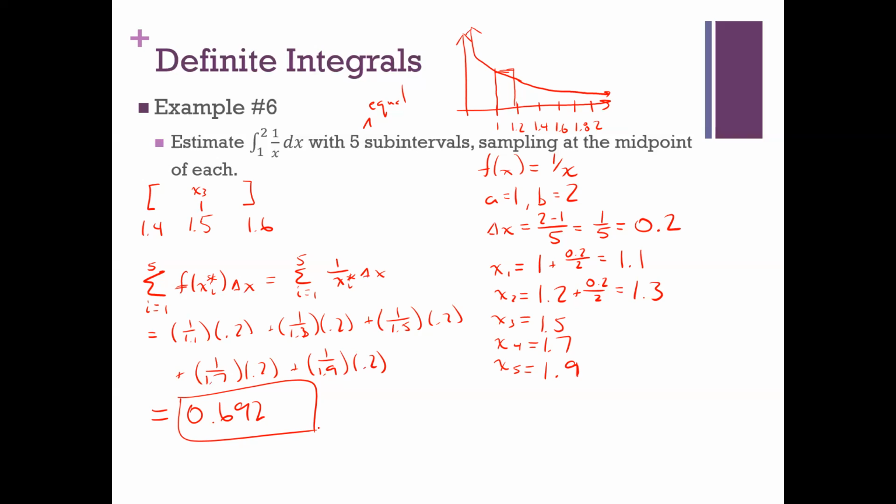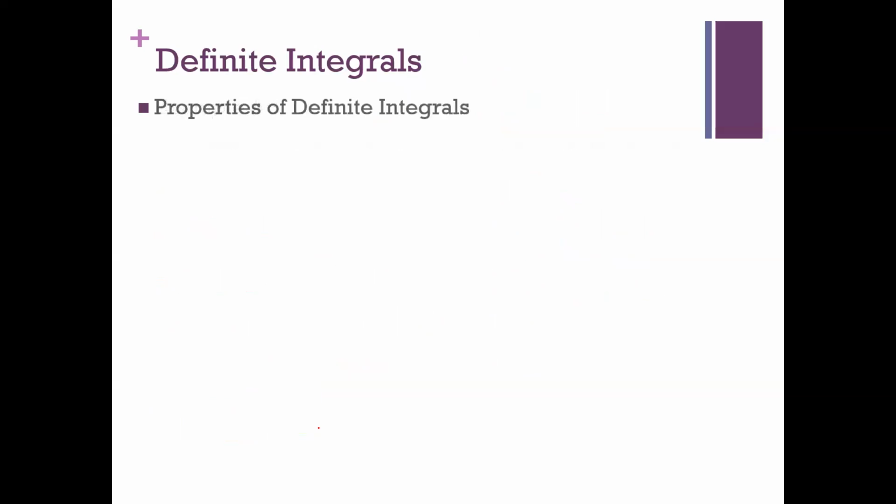Anything else about this one? So let's go over some properties of definite integrals. One thing we haven't really talked about, but when you're doing integrals, negative and positive positions.